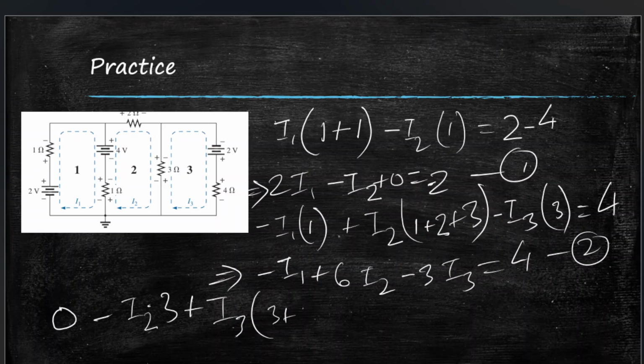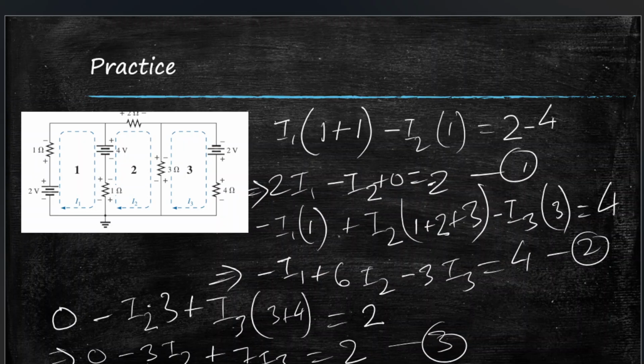So 3 plus 4 equal to all the voltages, which is just plus 2 volts. Now rearrange them. We'll keep the 0 for simplicity's sake. Minus 3i2 and plus 7i3 is equal to 2. That's equation 3.